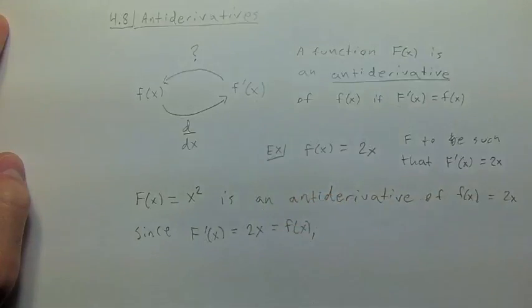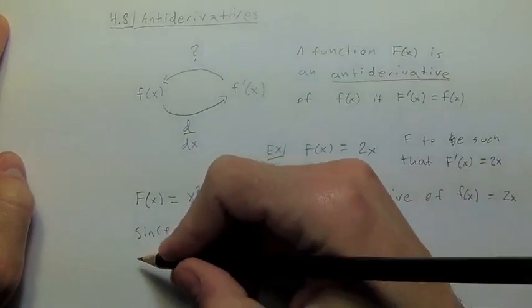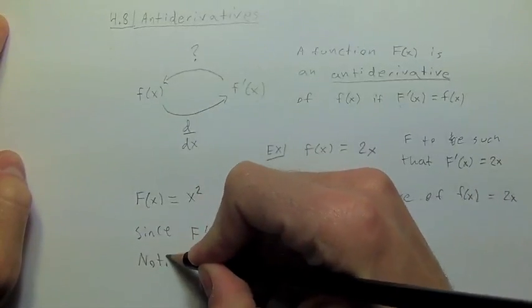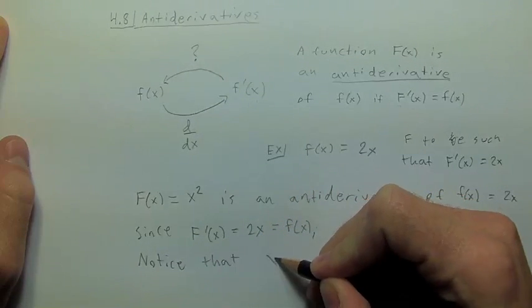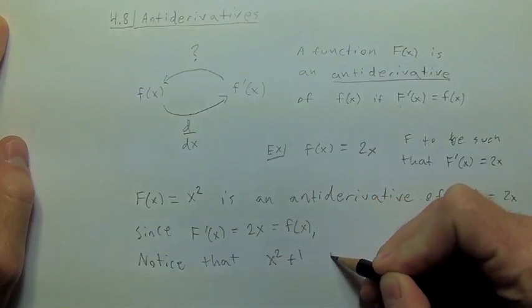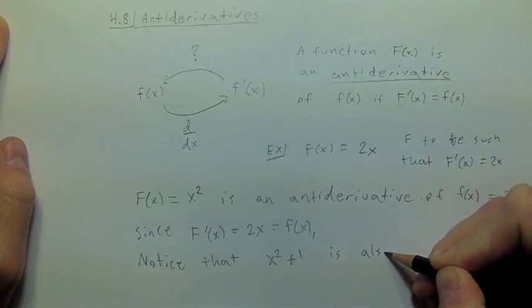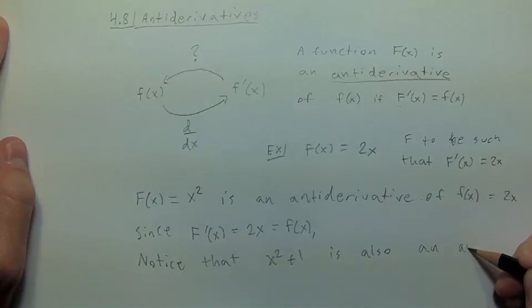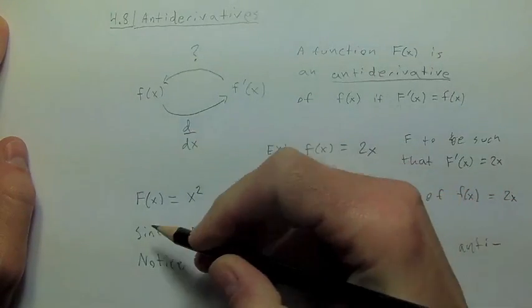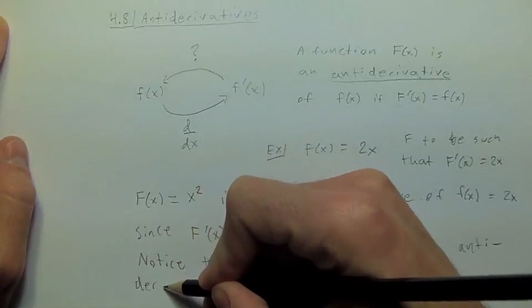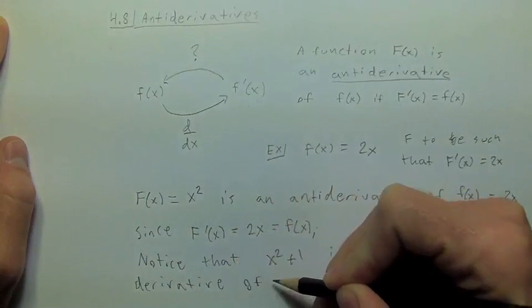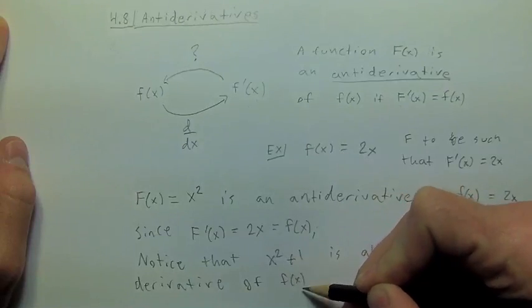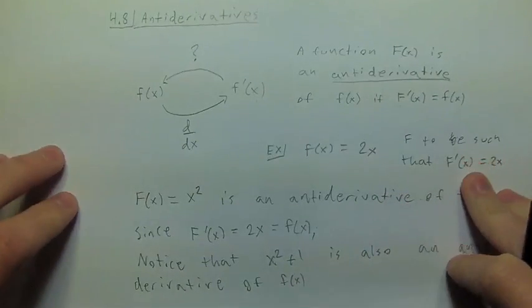One of the unique things about antiderivatives that makes them interesting is that x squared is an option, but notice that x squared plus 1 is also an antiderivative of little f of x, right?